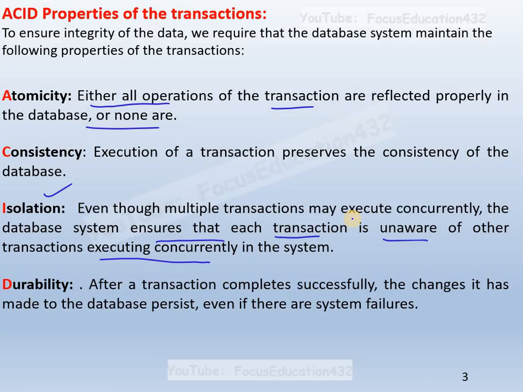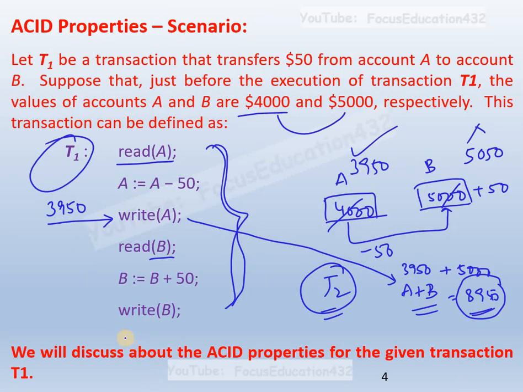Right. Now the fourth property. What is the fourth property? Durability. After a transaction completes successfully, the changes it has made to the database persist even if there are system failures. That means, for example, if the transaction is done, right? At this stage, write B is done and the user has been issued a commit statement.